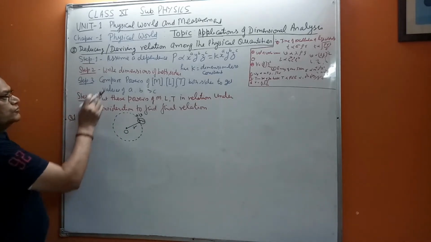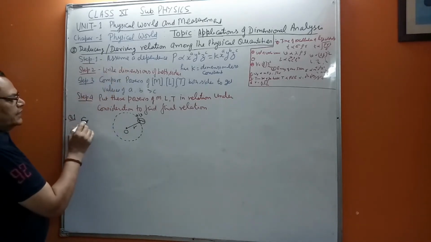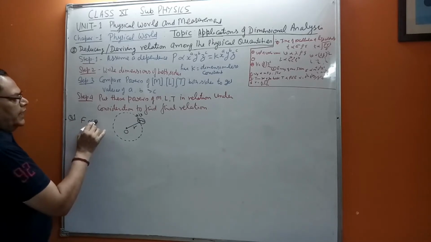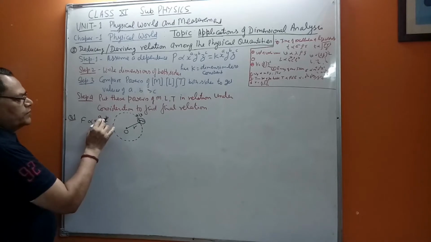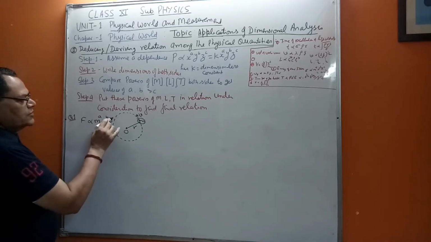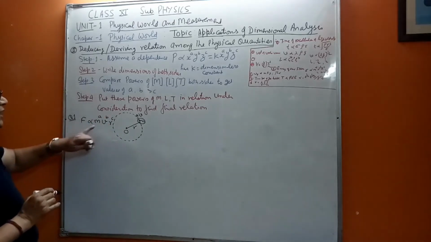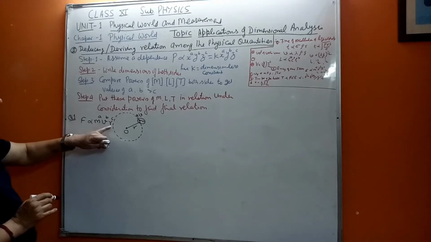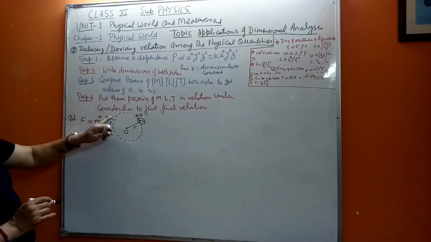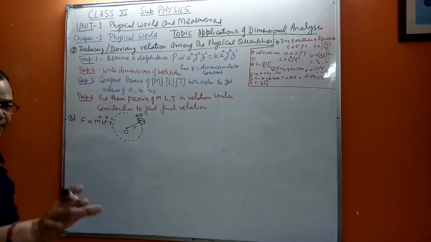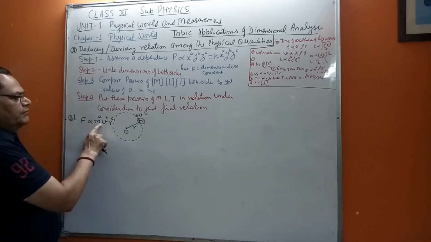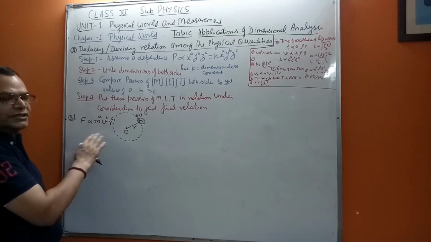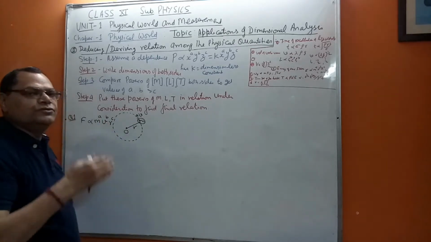So we will assume, as per the first step, let F be proportional to M raised to power a, V raised to power b and R raised to power c. M is the mass, V is the velocity, R is the radius, and a, b, c are the powers. Remember, it is immaterial whether we take M, V or R first, second or third; it is up to you to decide.